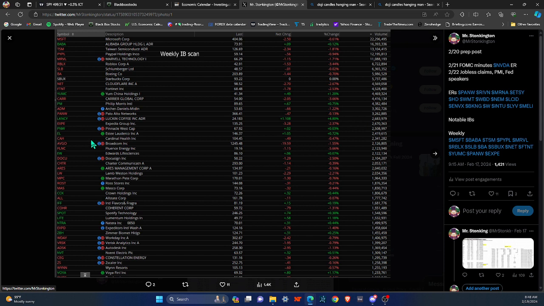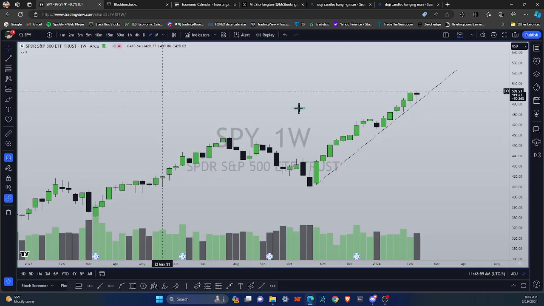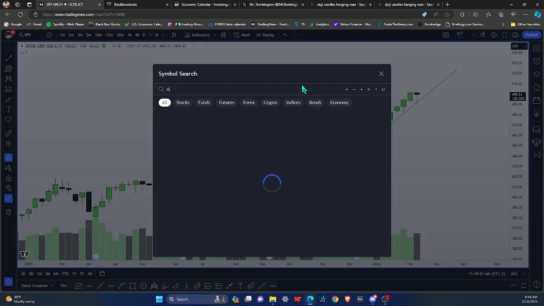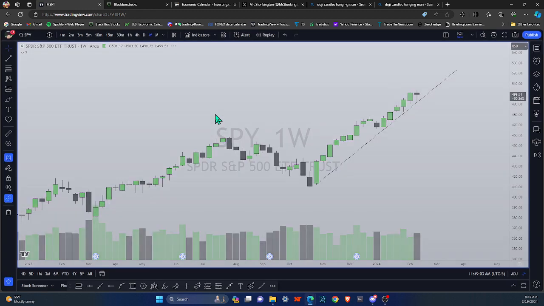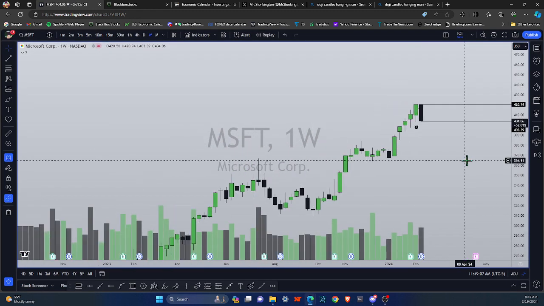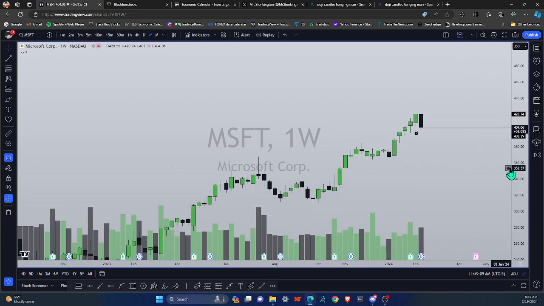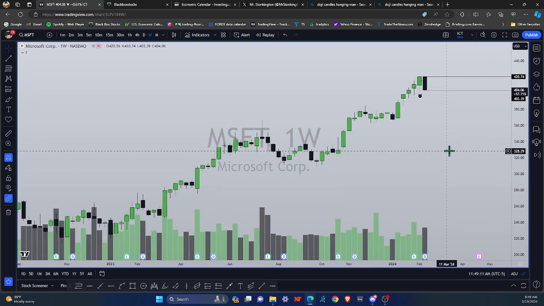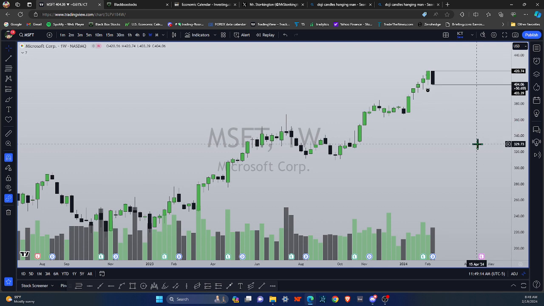For anyone who's not familiar, weekly inside bar just means that this week's price action was compressed within the prior week, meaning a bigger battle between buyers and sellers, and if we break outside that range, someone's going to be caught on the wrong side, potentially creating a stop loss run.